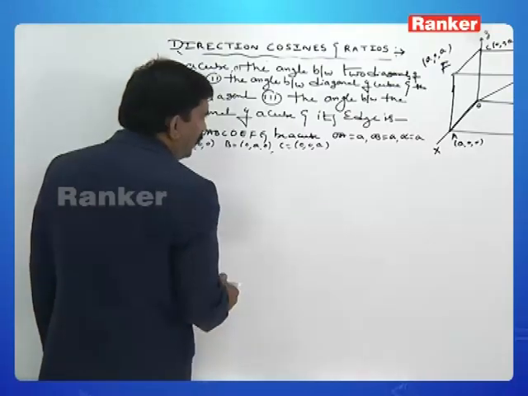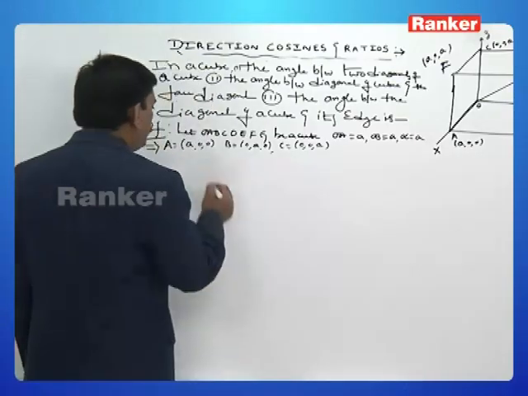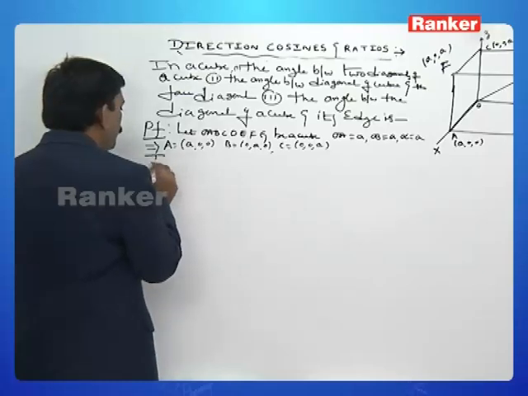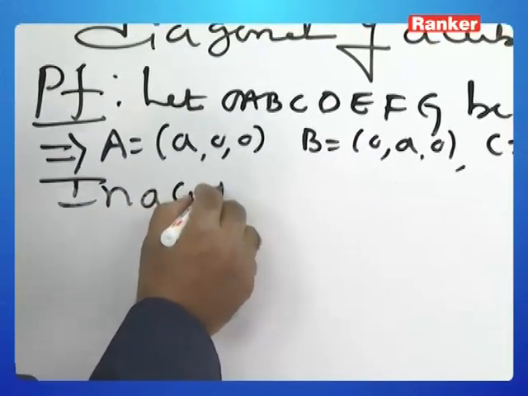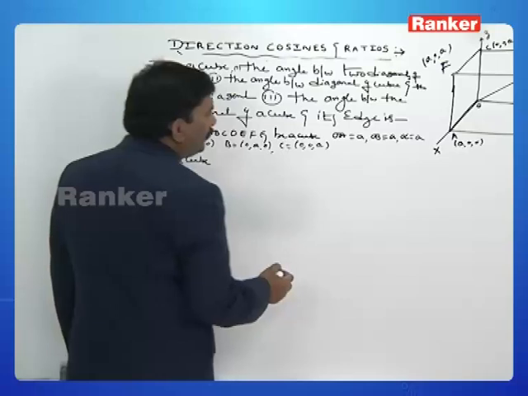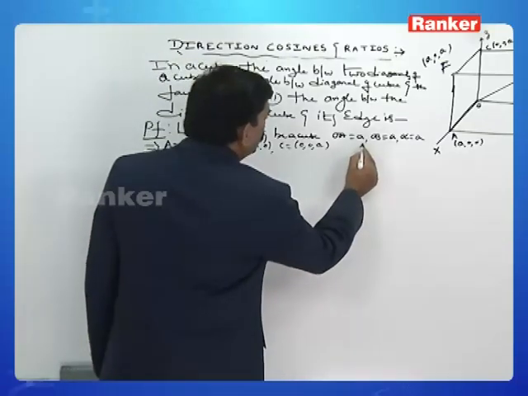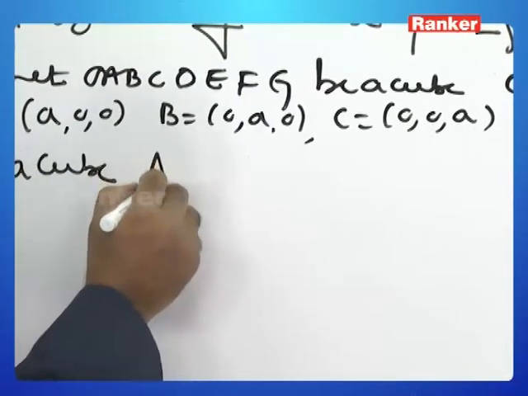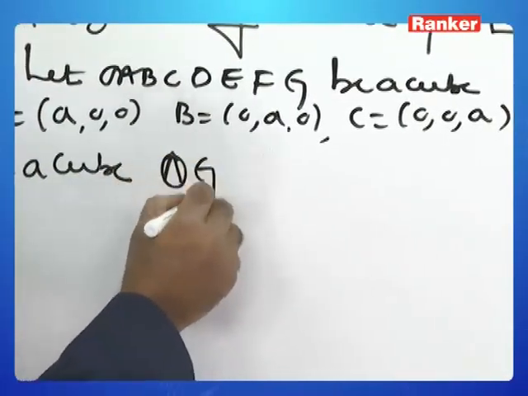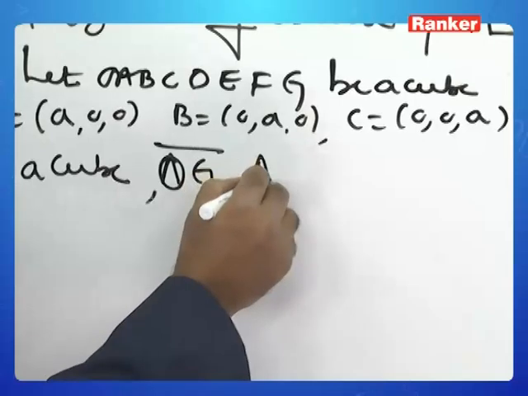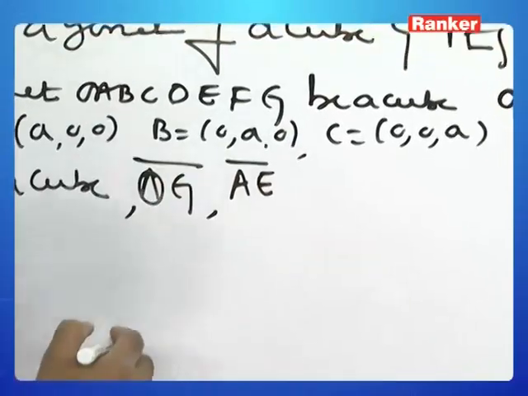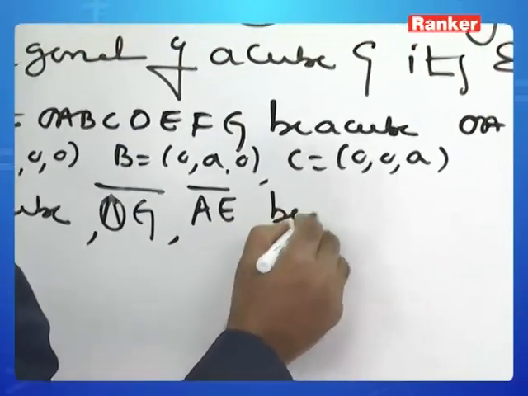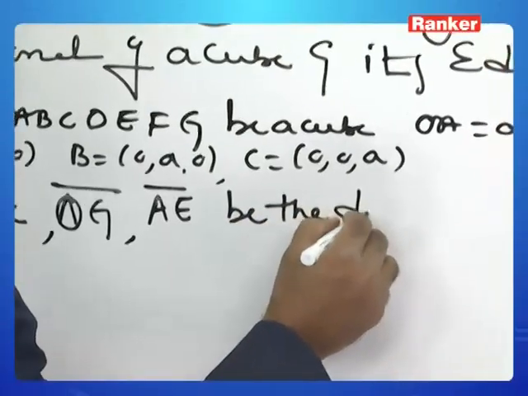Now in a cube, let OG bar and AE bar be the diagonals.